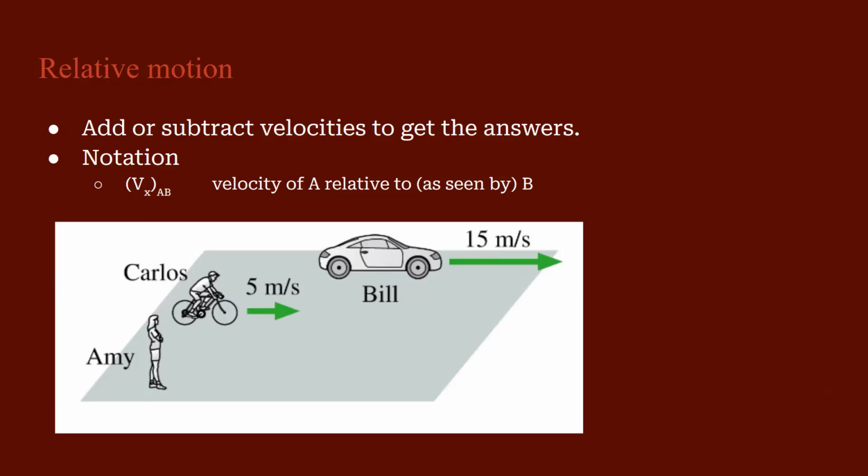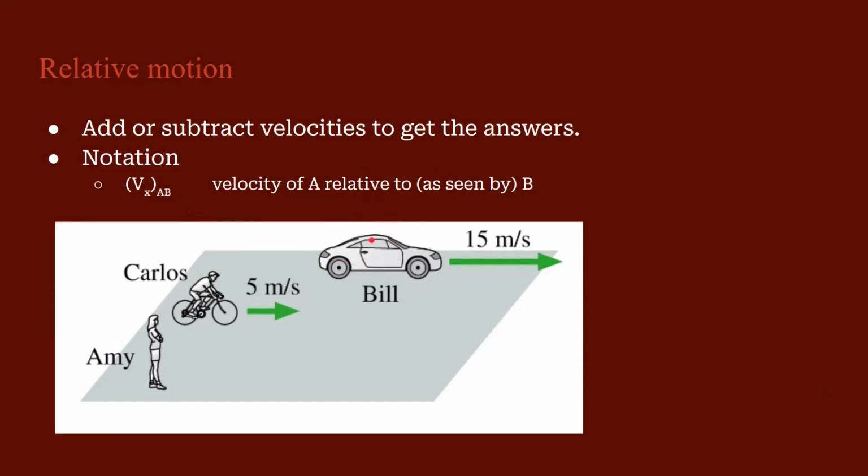So for that, we would say the velocity of Bill relative to Carlos. So we could say Vx BC, because the way we write it, if it's AB, is the velocity of A relative to B, or as seen by B. In this case, it would be the velocity of Bill as seen by Carlos, so Vx BC.